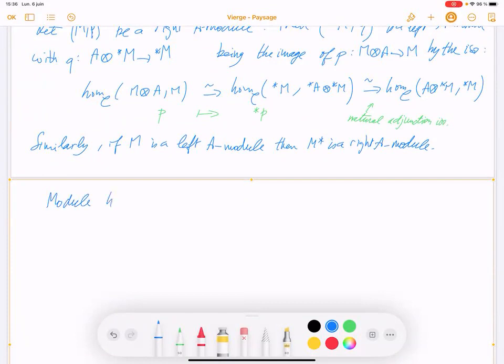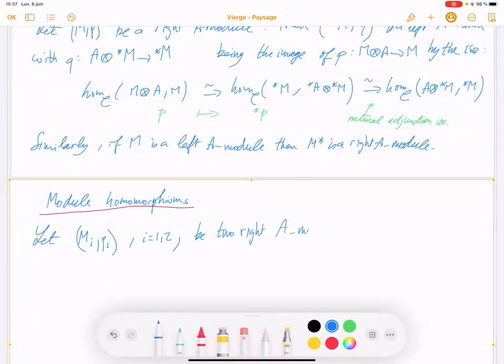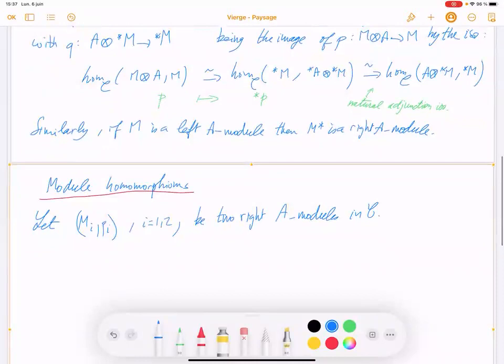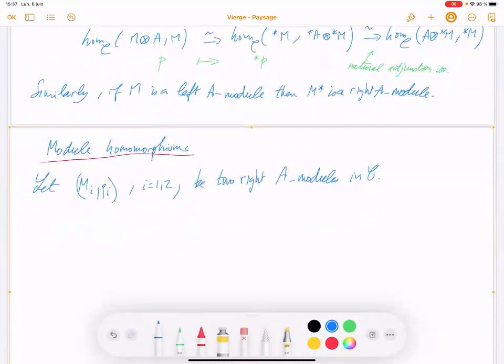Module homomorphism. Let M_i, i equal 1, 2, be right A-modules in C, a pivotal tensor category.